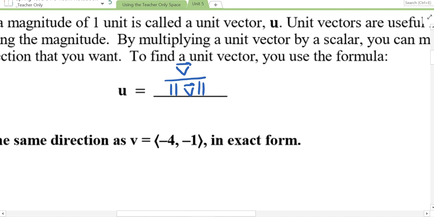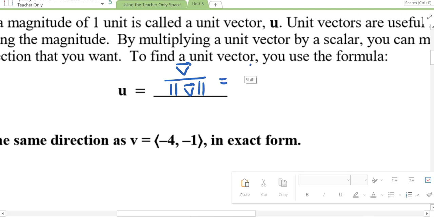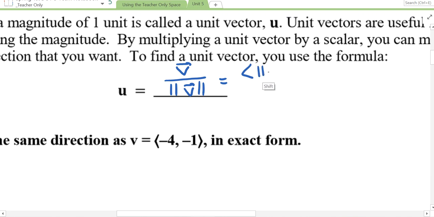So if we take the vector and divide it by its magnitude, then you should get the unit vector. And the formula for this: if we're looking at the vector v, last month, before we left, we learned how to find the components of vector v. Remember, you take the magnitude of v, if you know it, and multiply it times cosine for the x component.